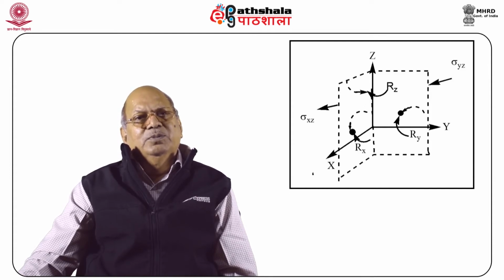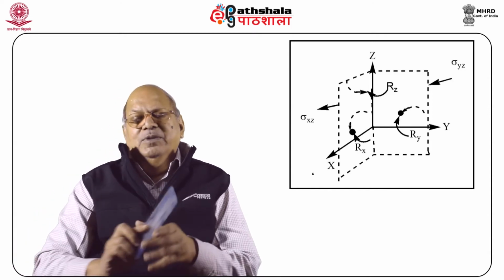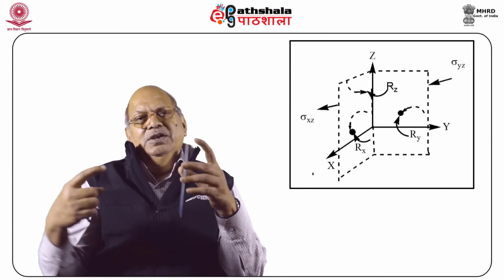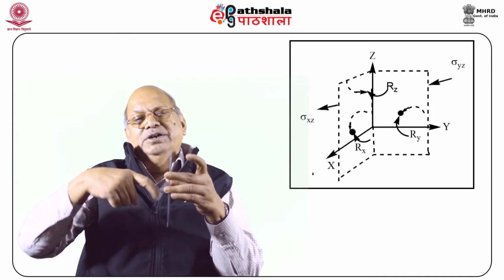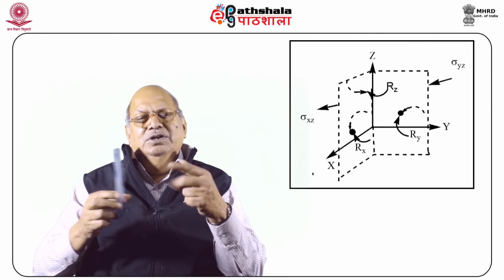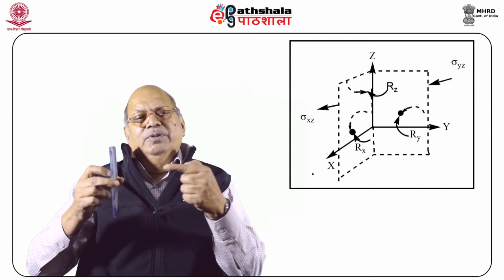Let me just explain one of these. Say this is the mirror plane, and I am taking this as sigma xz. If my arrow strikes over here, in the mirror it will look like the arrow is coming out of this. In the mirror the arrow will look like this. Here the mirror arrow strikes like this, and in the mirror it will look like this.